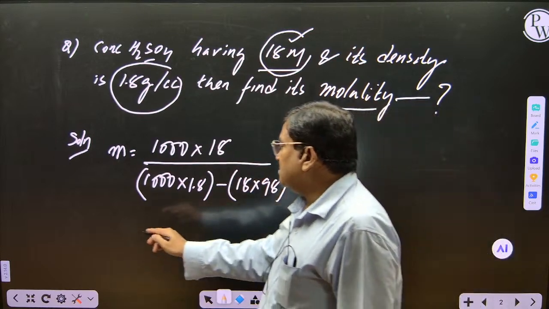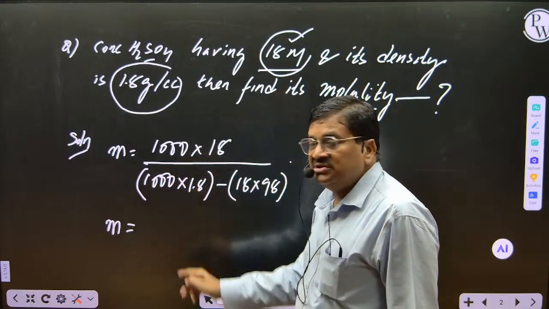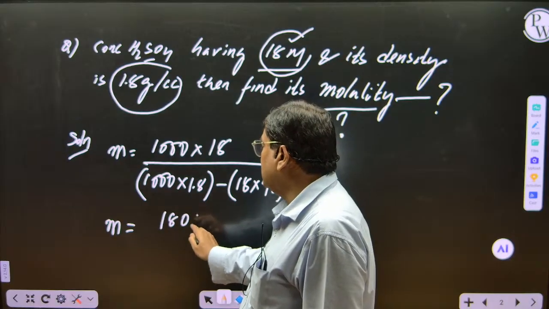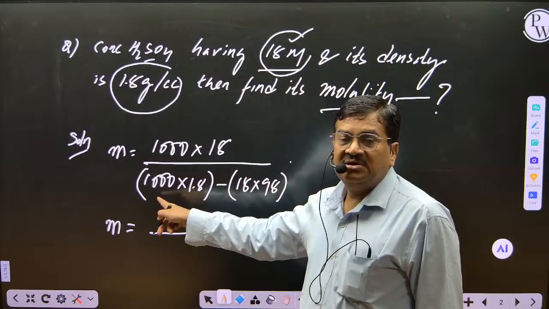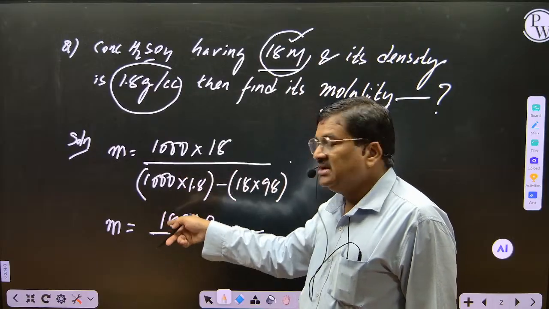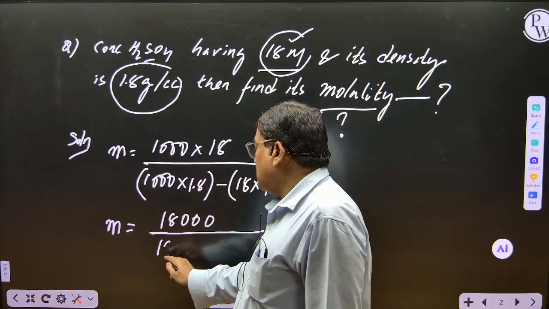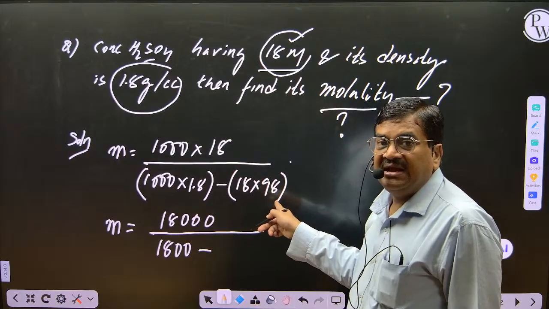Now how much does this come to? Molality is equal to 18 into 1000, which comes to 18,000. Correct? 18,000 by, this is 1.8 into 1000. So 10 gets reduced, which comes to 1800. 1800 minus, multiply 18 with 98 in the rough work.